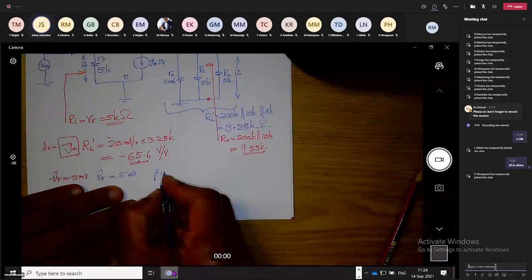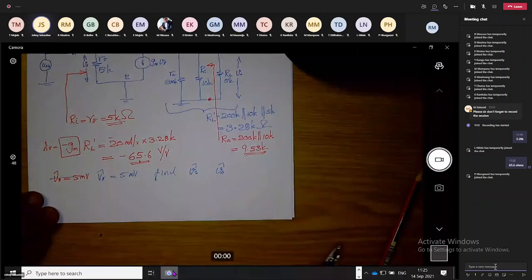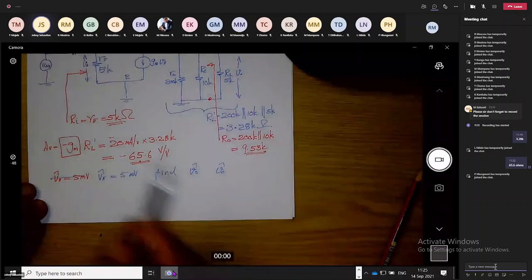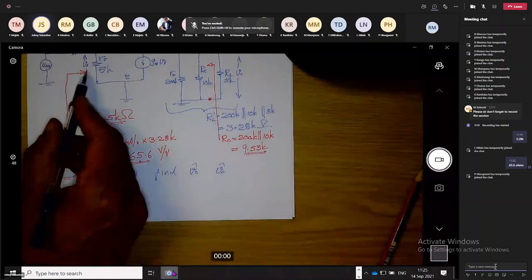Because all are in peak, you don't have to change anything. What you need to do here is make an expression for V pi.